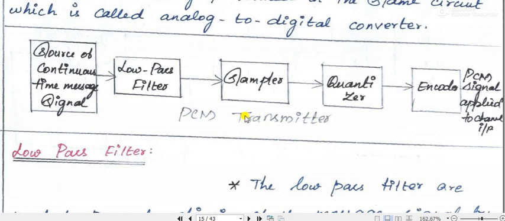Sampling is the conversion of a continuous time signal into a discrete time signal, and the quantizer converts the representation of signals, rounding off to the nearest standard values, and the encoder represents each quantized level into bits. The function of the encoder is to encode the discrete set of samples.